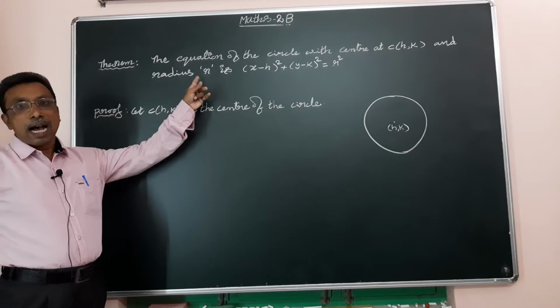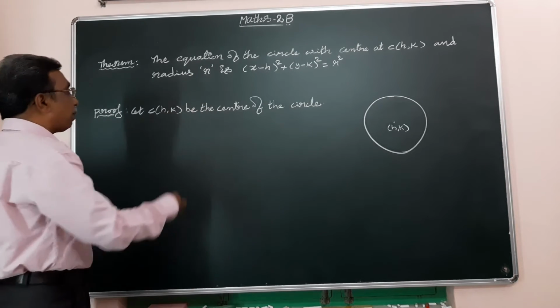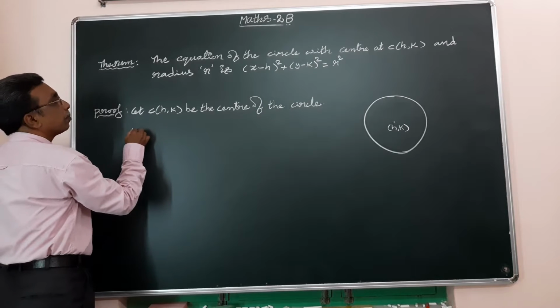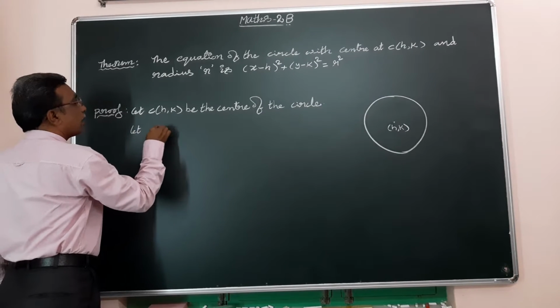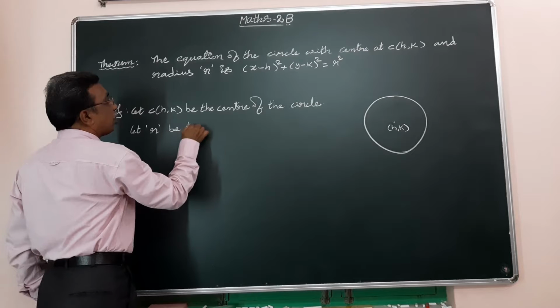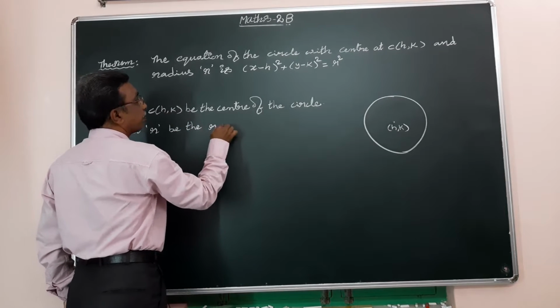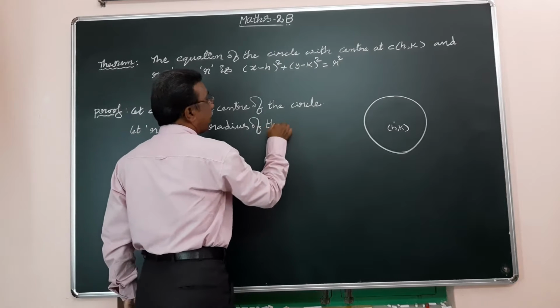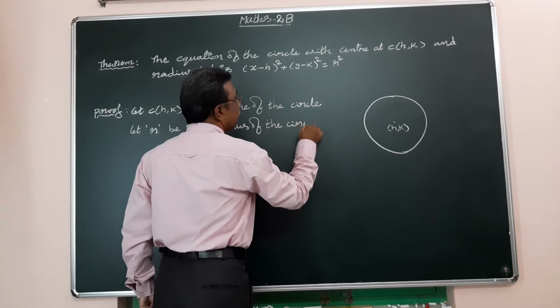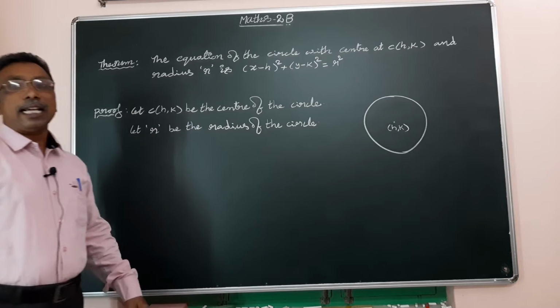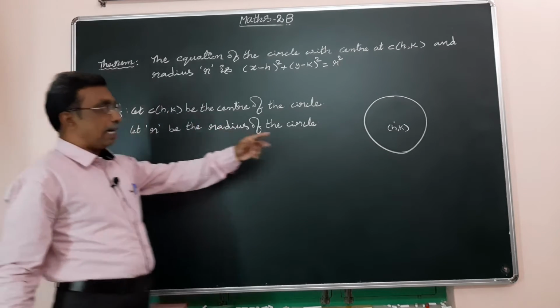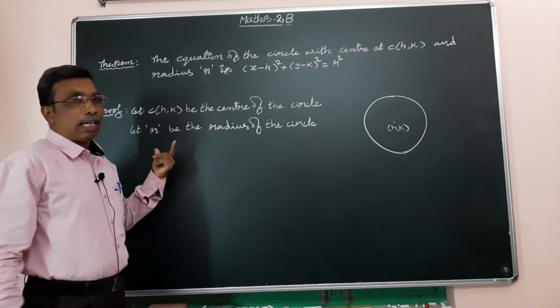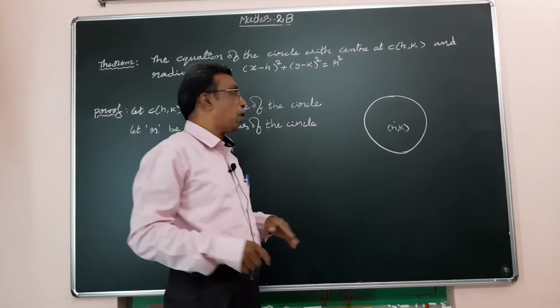Radius is r. Let r be the radius of the circle. C is the center, r is the radius. Radius means distance between the 2 points.